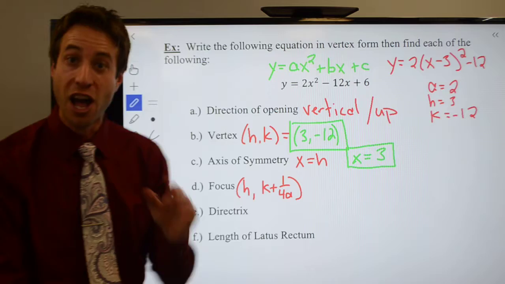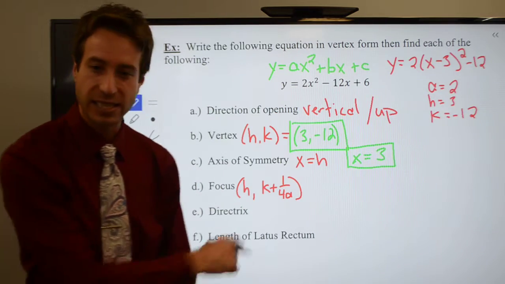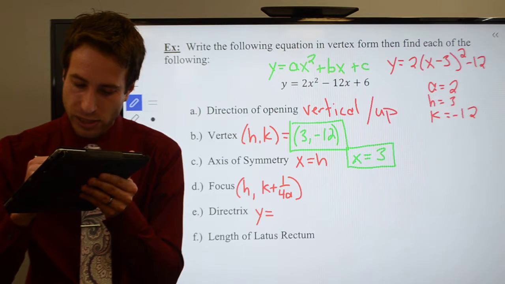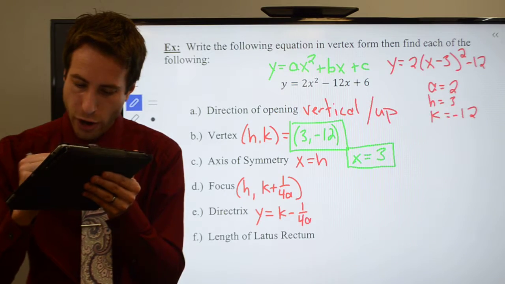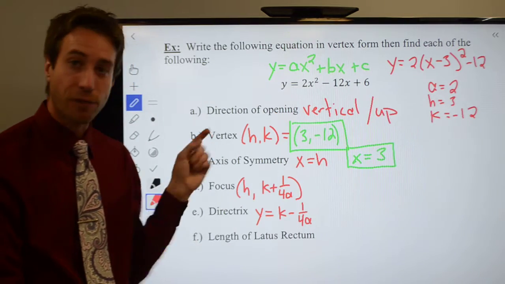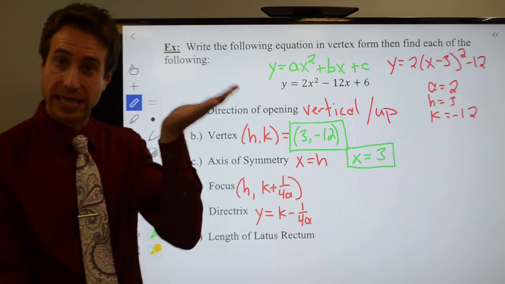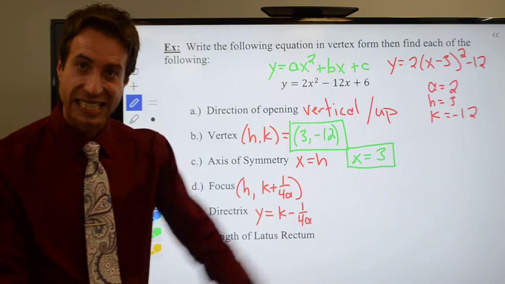The directrix is down that exact same distance. For the directrix, on that formula sheet, it's Y equals K minus 1/4A. So from the vertex, which is in the middle, I'll go up 1/4A to get my focus, and I'll go down 1/4A to get my directrix.